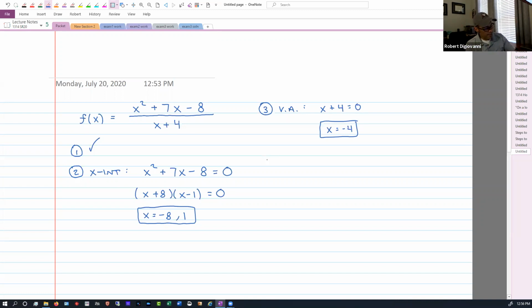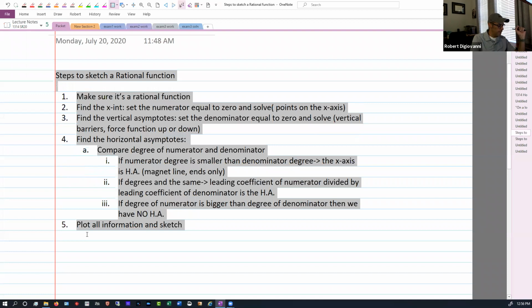The fourth step is our horizontal asymptote. So the degree of the numerator here is 2, and the degree of the denominator is 1, right? Let's see what happens when that's the case.